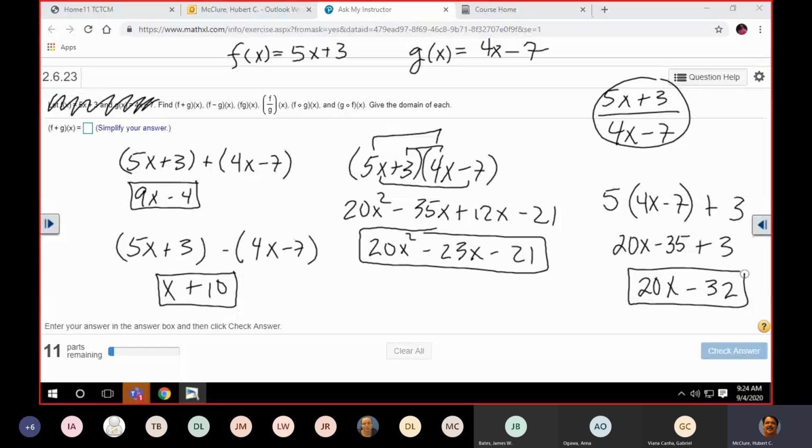And now I'm going to do g composed f, so I'm going to rewrite g with a big set of parentheses and plug in f. And that's going to be 20x plus 12 minus 7, which gives us 20x plus 5.